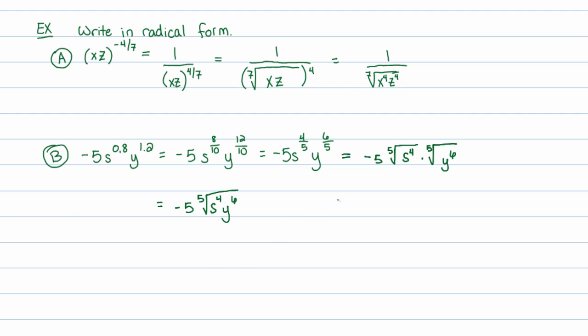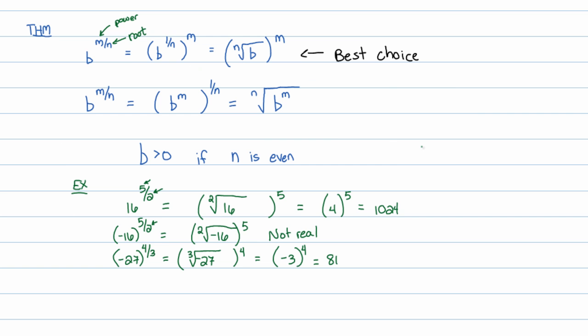Now, some people might ask, how would I have known to write it like that, since you've been telling me this entire time to write it like this, the fifth root of s to the fourth power? Well, generally, when you're working with expressions involving variables, you tend to write the powers on the inside. So when I said back here that the top method is the best choice, that's technically when computing with numbers.